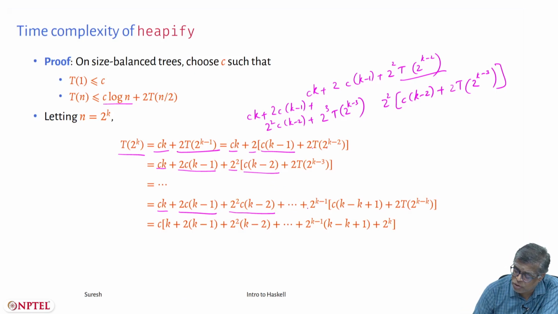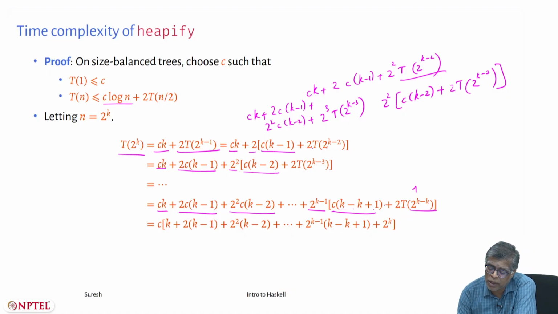till you reach some point where you say 2^(k-1) c(k-(k-1)), because k-1 is k minus k plus 1, plus 2T(2^(k-k)), but 2^(k-k) is 1. At that point you can replace T(1) by c. So let us expand this step.